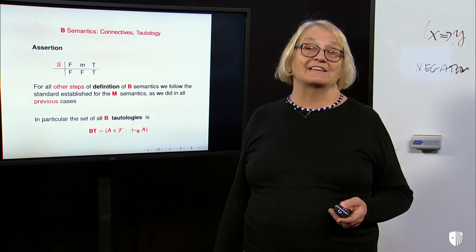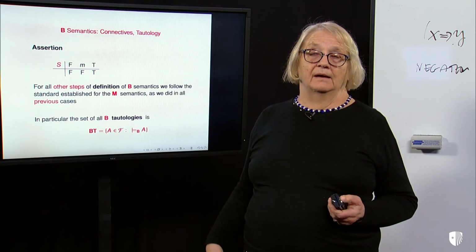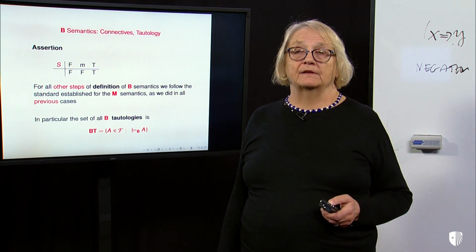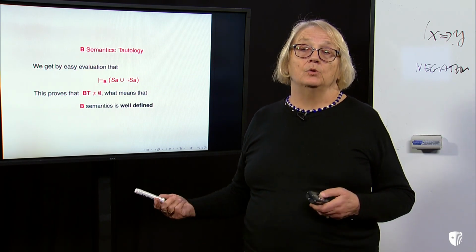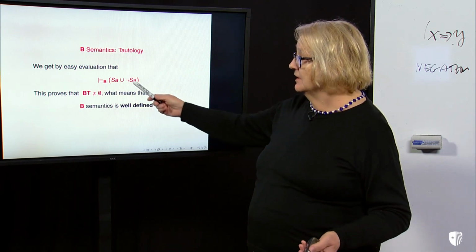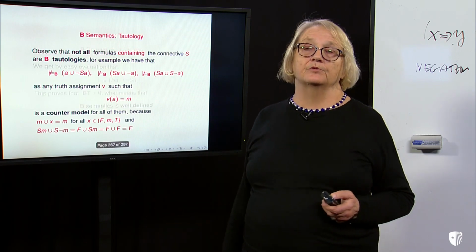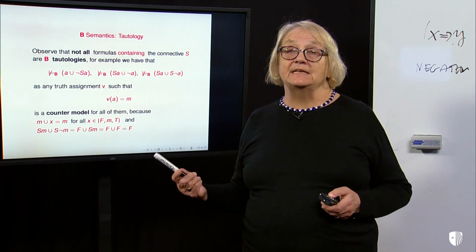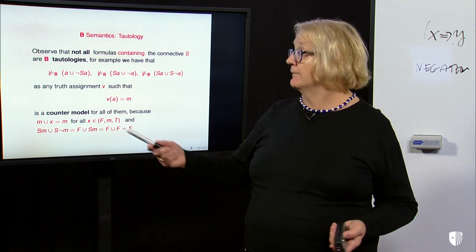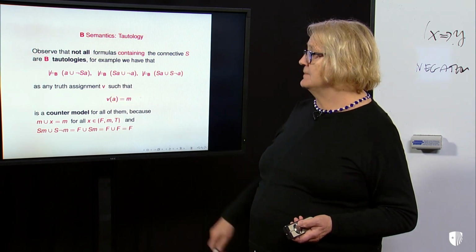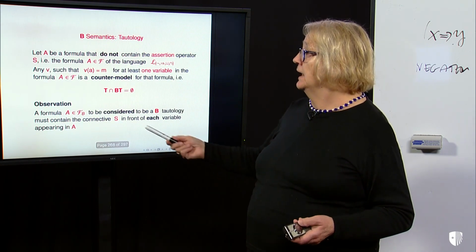And also you have the assertion operator. And then you have the Bochvar tautologies, and then again you ask, is the semantics well defined? Yes, it is well defined because you can prove that this is a tautology. And then you can see that for some type, for example, none of this is a tautology because M is a contramodel.